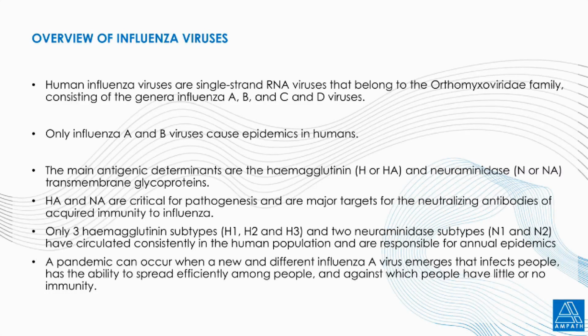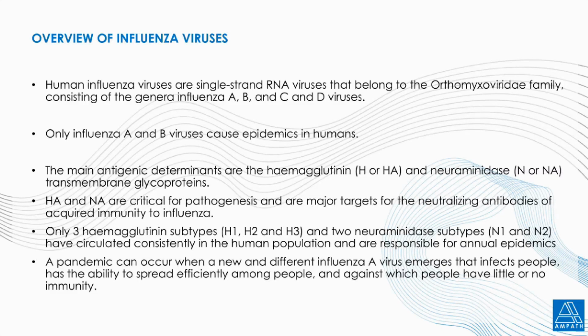The main antigenic determinants, again, are the surface proteins on viruses, and here on the influenza virus, we talk about the hemagglutinin and the neuraminidase transmembrane glycoproteins. These are critical for the pathogenesis and are the major targets for neutralizing antibodies for acquired immunity.